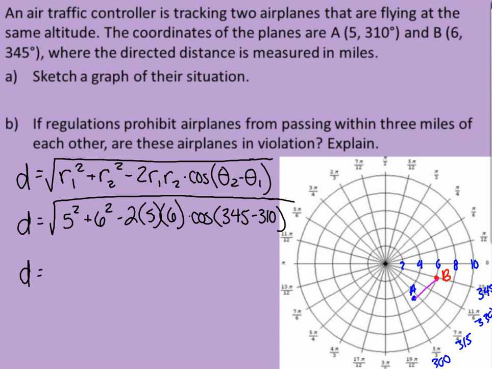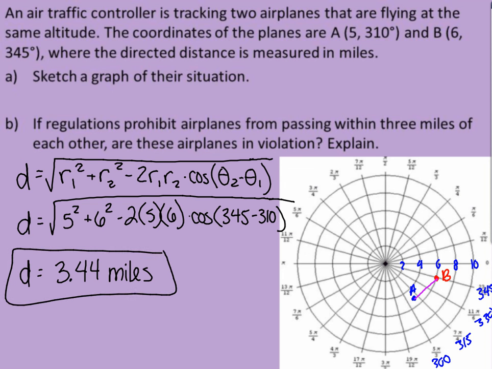You can put all of that into your calculator at the same time, and we're going to get that D is approximately 3.44 miles. So this means that the airplanes are not in violation of the regulation.